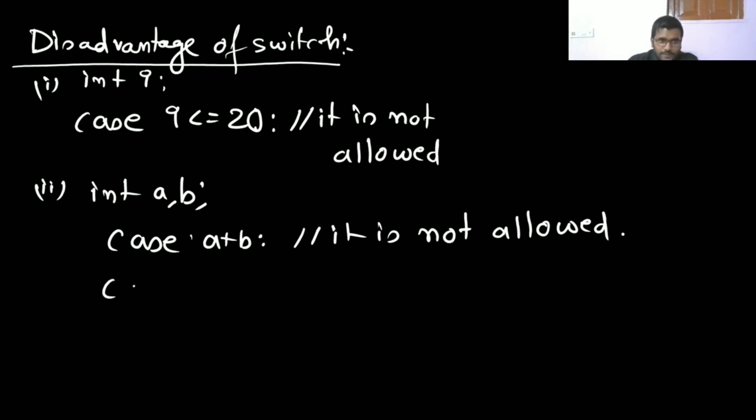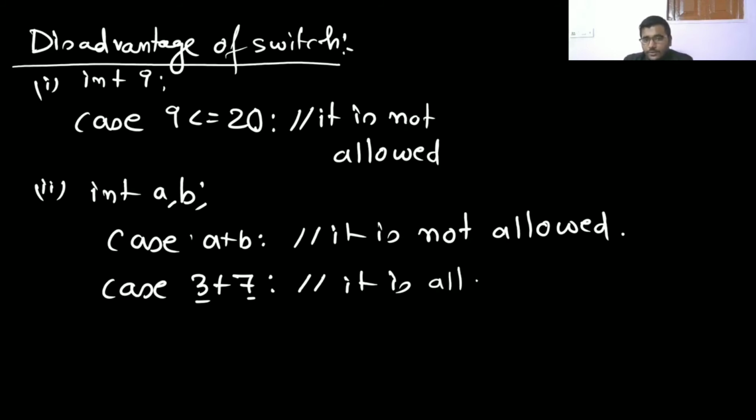Case 3 plus 7 is allowed because it's a constant expression. What is a constant expression? When it only has constants, it is allowed. Let's write all that we can have after the case.